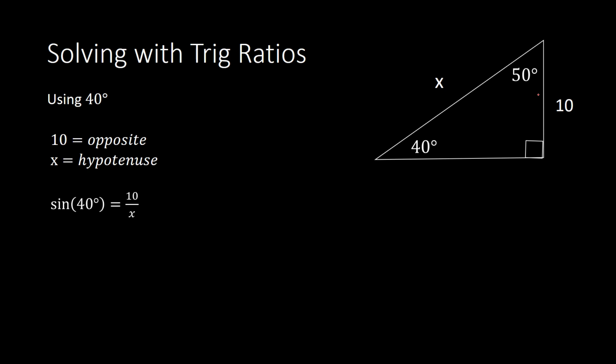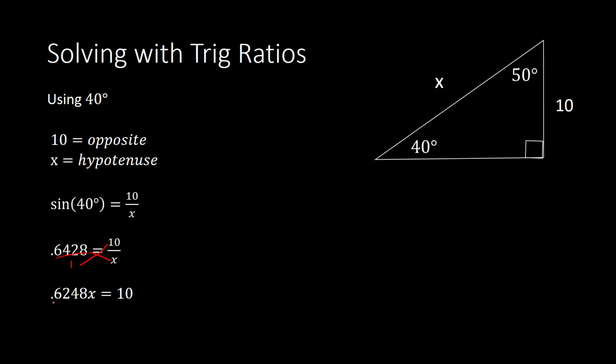is 10 over x. So sine of 40, you can put that into your calculator, and you would get 0.6428 equaling 10 over x. And then we can solve this for x by cross multiplying. Think of this as being over 1, and you can multiply 0.6428 times x, and then multiply 10 times 1 to get 0.6428x equaling 10.